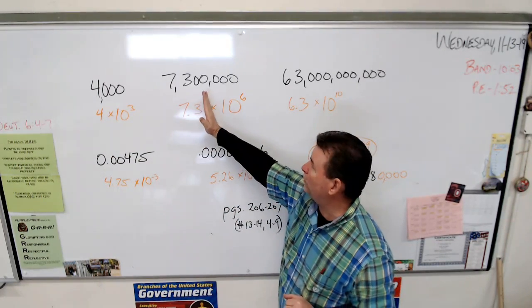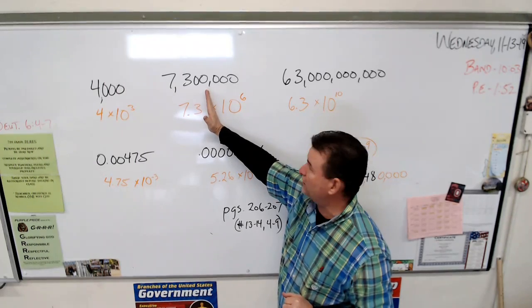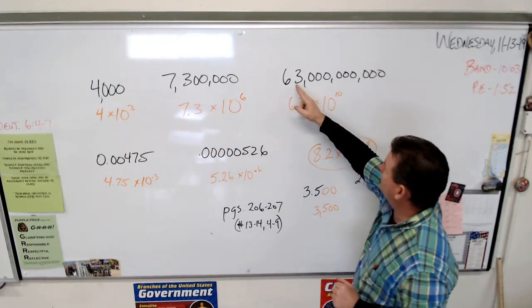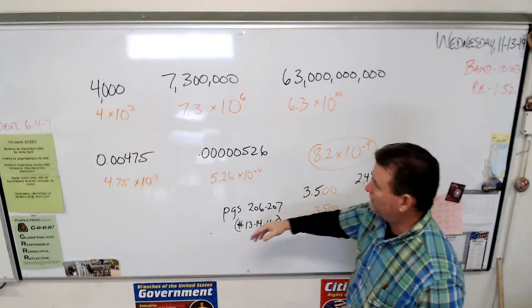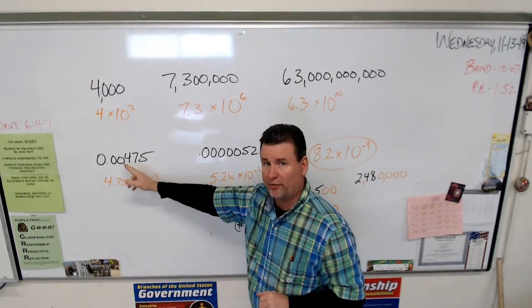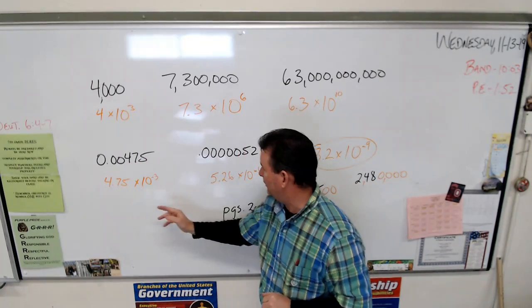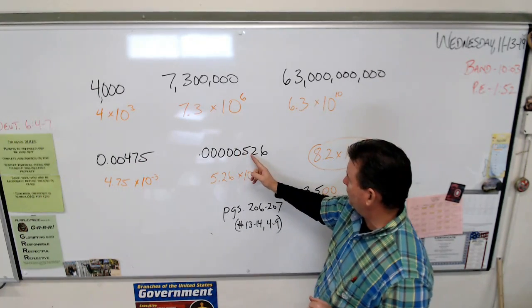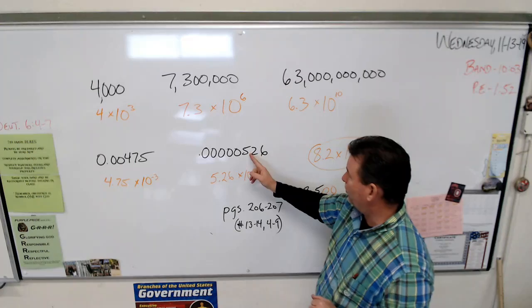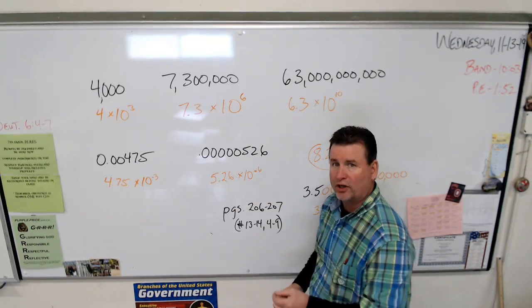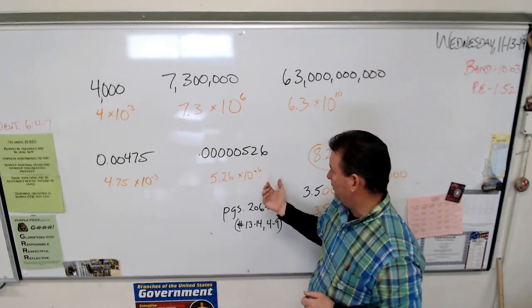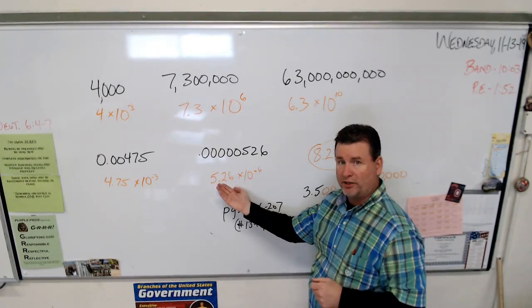And then you include the non-zero digit after that, 7.3, 6.3. Decimal point after the first non-zero digit, 4.75. After the first non-zero digit, 5.26. First non-zero digit. And then you include the non-zero digits after that.